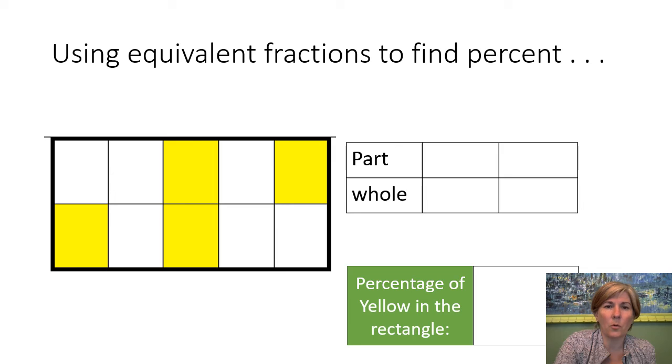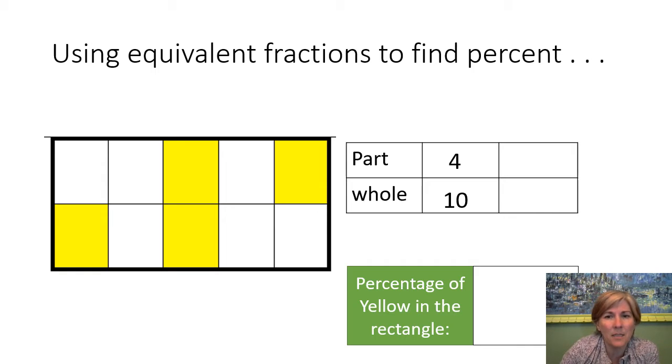Okay, so I'm going to create my table, and the part that I'm talking about is 4 yellow, and I'm comparing that to the total rectangle, which is going to be 10 pieces. Okay, so 4 out of the 10 are yellow. Now, because I'm trying to find percent, I have to say, okay, how am I going to get this to be out of 100?